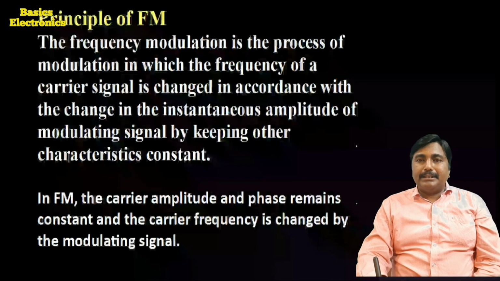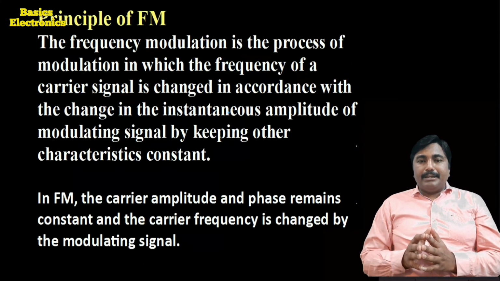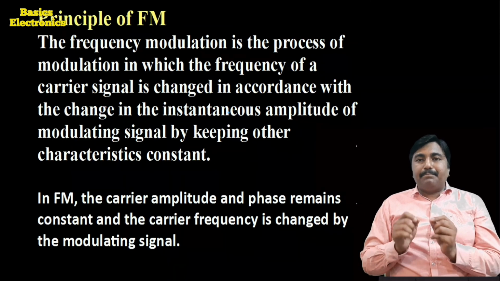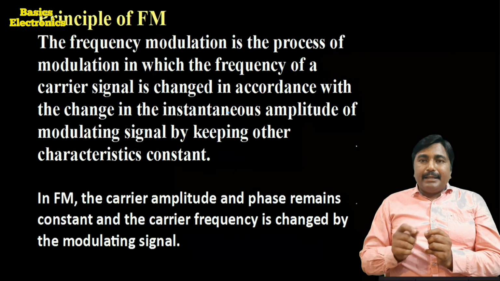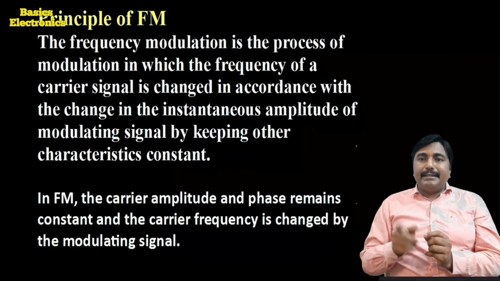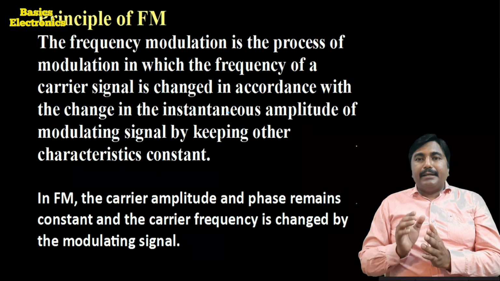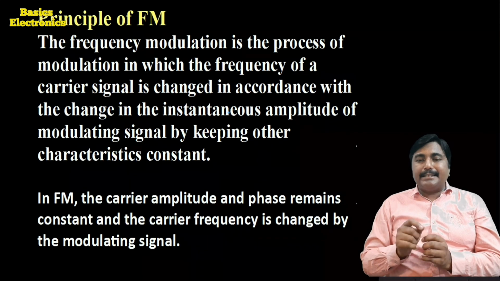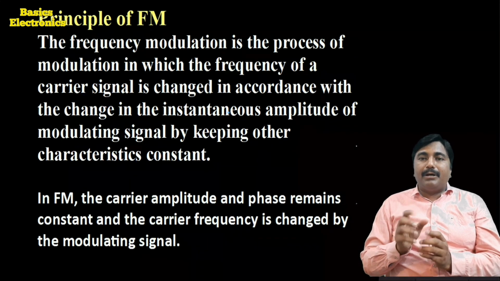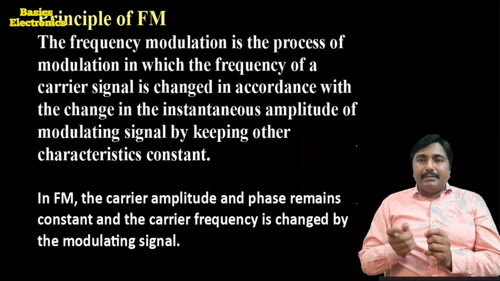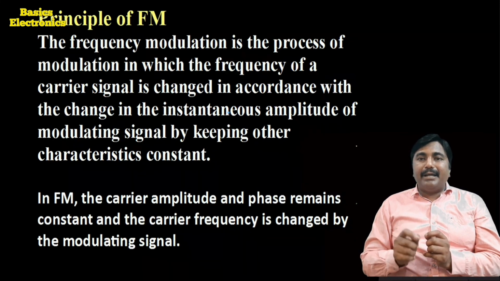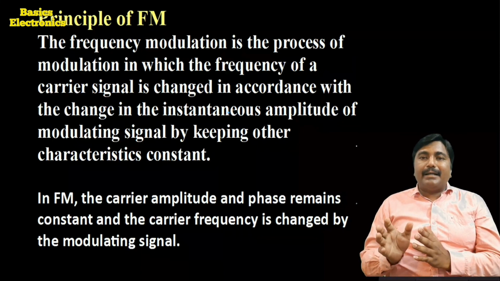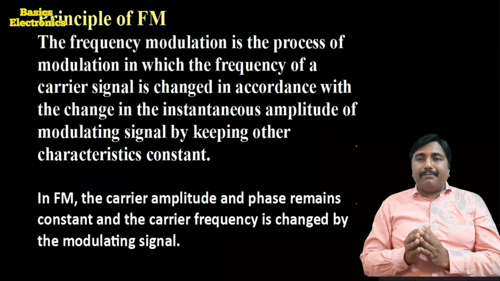Frequency modulation is the process of modulation in which the frequency of a carrier signal is changed in accordance with the instantaneous amplitude of a modulating signal, keeping the other two characteristics, the amplitude and phase, constant. This is what we call frequency modulation.